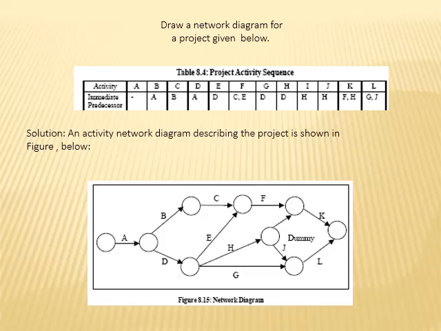Again, this table emphasizes that two or more than one activity can start from one event. Two or more than one activity can end at one event.